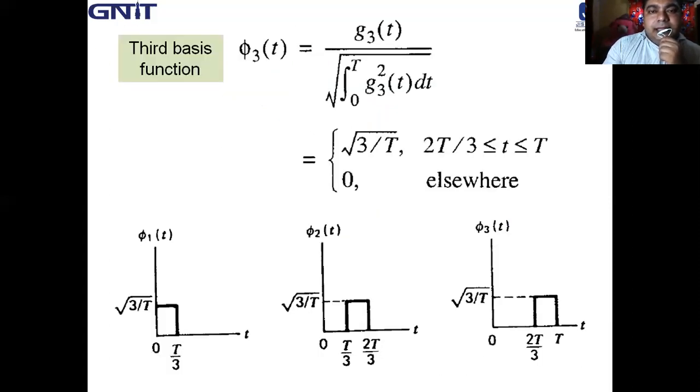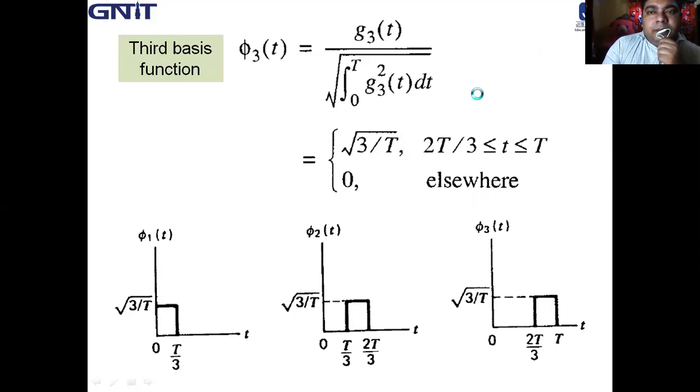So we can say that phi 3(t) is equal to root over 3/T, where t belongs to 2T/3 to capital T. Elsewhere it is 0. So in that way we can construct the third basis function.